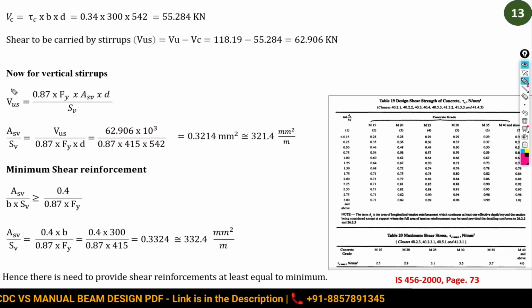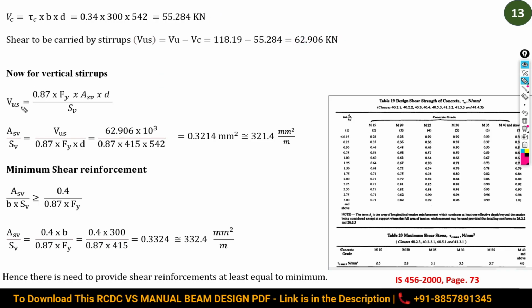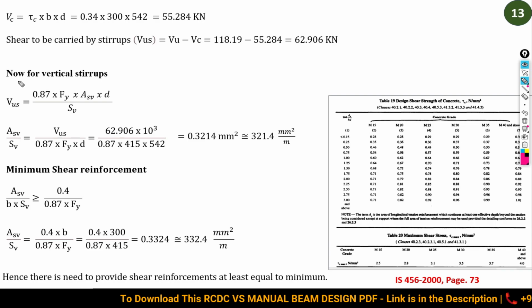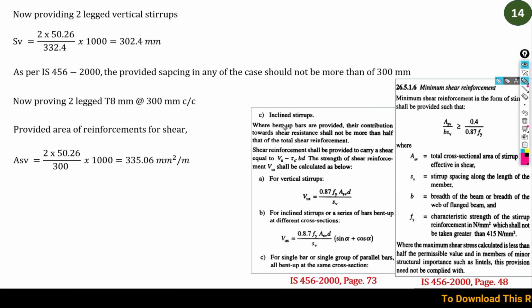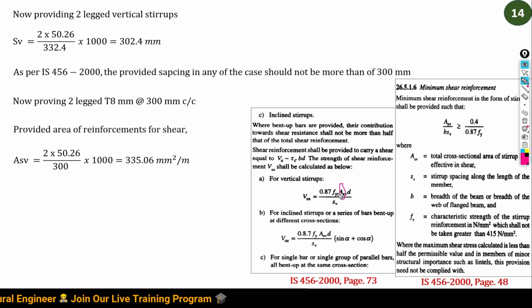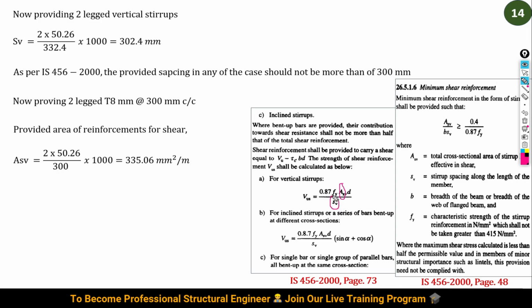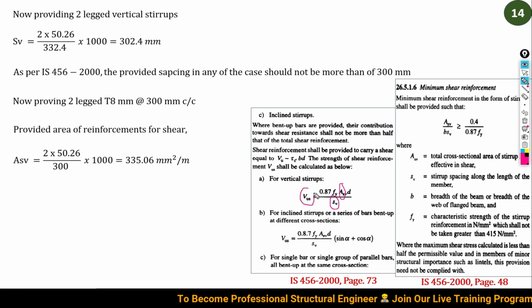Okay, so for that reason, as per the IS code, the minimum vertical reinforcement, let me show you here, if you are looking at this figure, shear reinforcement vertical stirrups, that should be 0.87 fy ASV, the area of the stirrups with available legs, multiplied by effective depth divided by spacing of the shear reinforcement, and this is shear resisted by your steel.